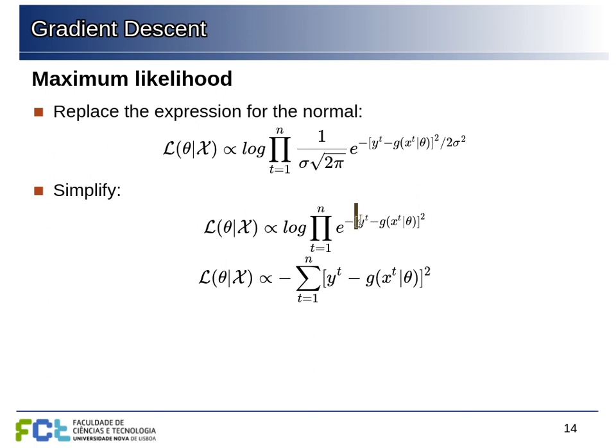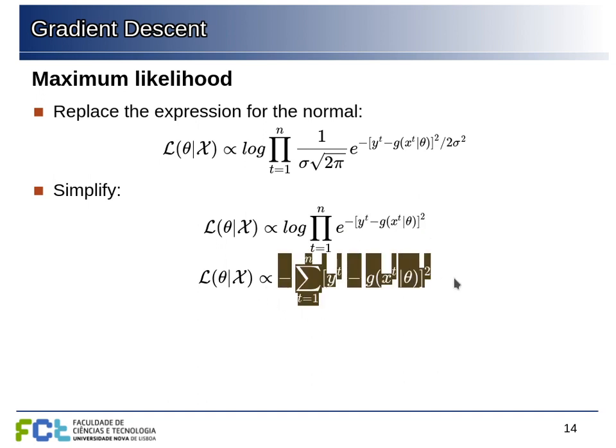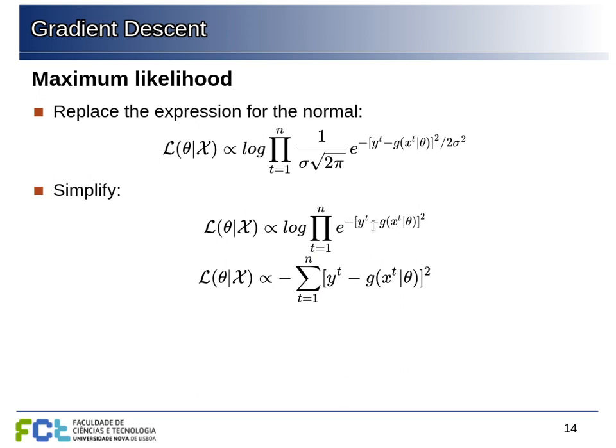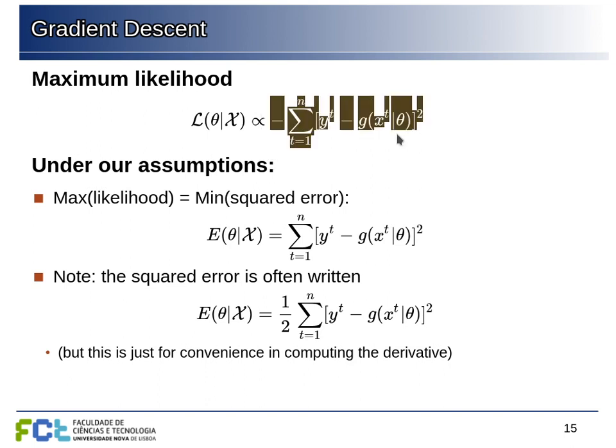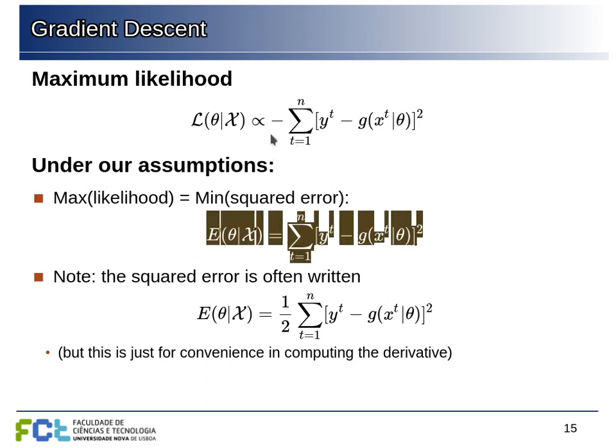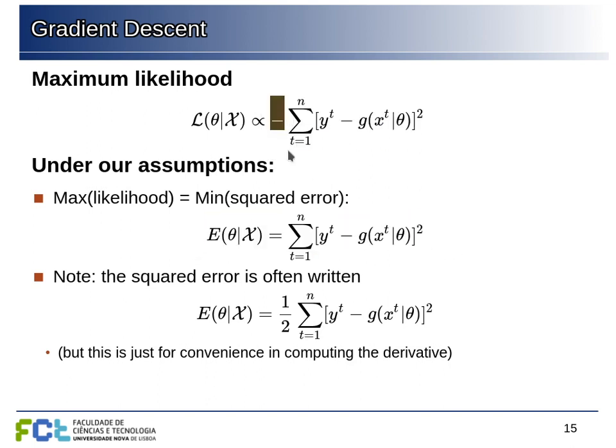So we try to maximize this part here, which is the power for e, and so basically we are trying to maximize the sum of these quadratic errors between the actual values for the points and the predictions in our model. And so maximizing this is the same as minimizing the symmetric, changing the sign there. So it's that minimization of the quadratic error.